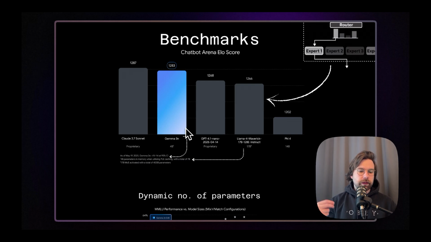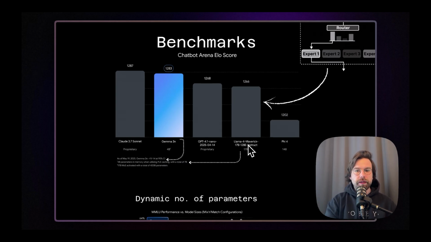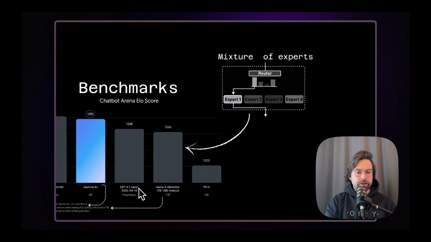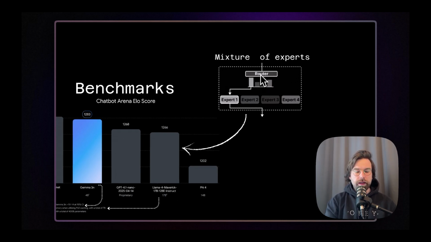But we can also see that it is compared to models such as Llama 4 Maverick that has 17 billion parameters. But the thing you have to remember here is that Llama 4 Maverick is a mixture of experts model, right? So it has in this variant 128 experts, and during inference the text is routed to one or several of the experts.